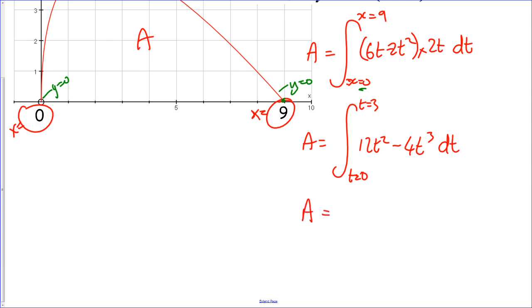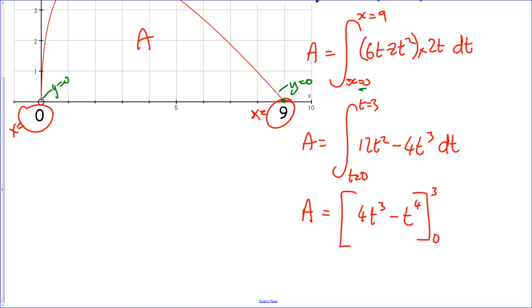So for the area, we get square brackets, 4t cubed minus t to the 4, so adding 1 to the power and dividing by the new power, between 0 and 3.